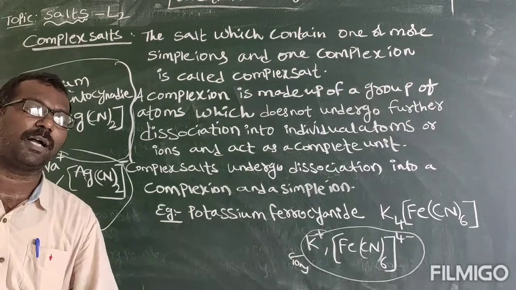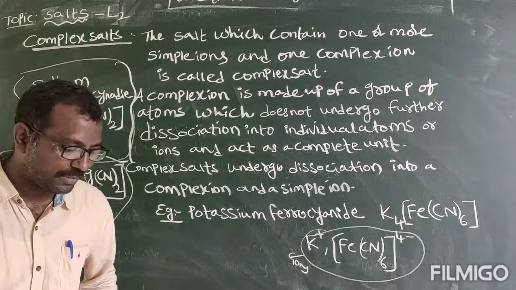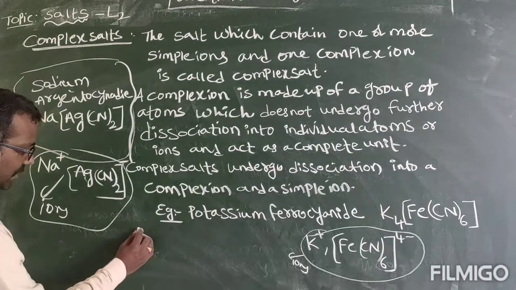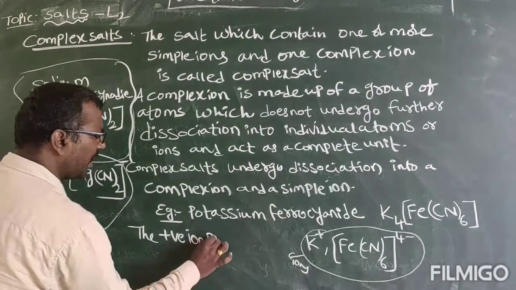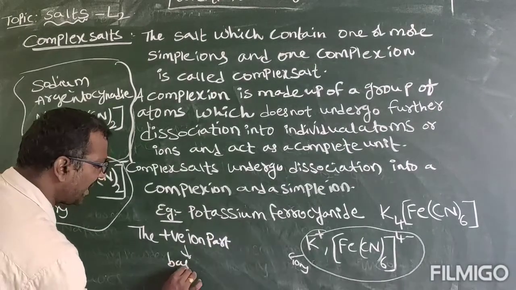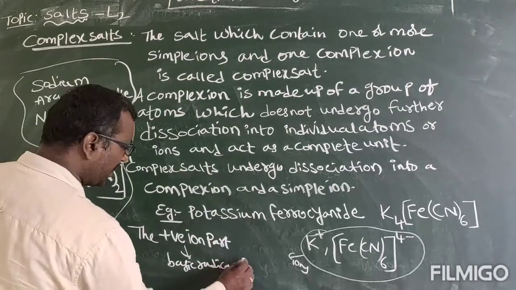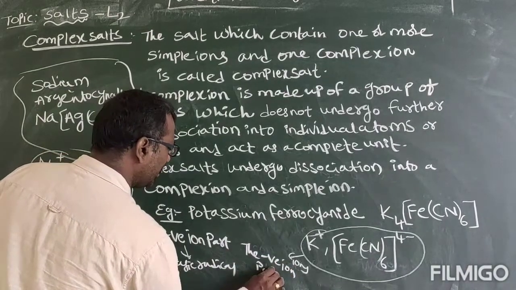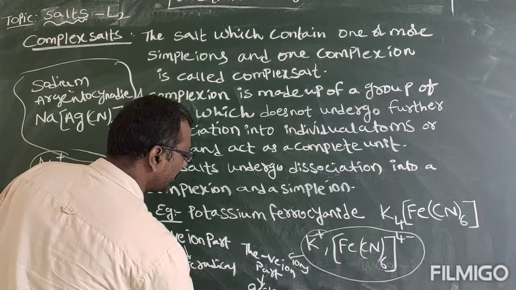The positive ion part is called the basic radical, and the negative ion part is called the acidic radical.